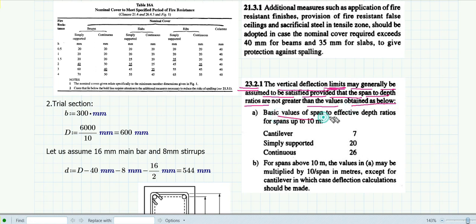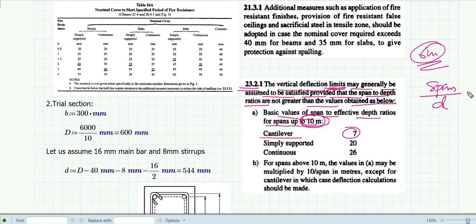The basic value of span to depth ratio for spans up to 10 meters, and we have a span of 6 meters, so it is okay. For a cantilever it is 7, that is span to effective depth, small d. That means the span to depth ratio should be less than 7 for a cantilever.